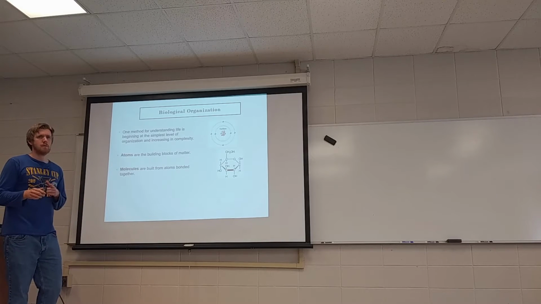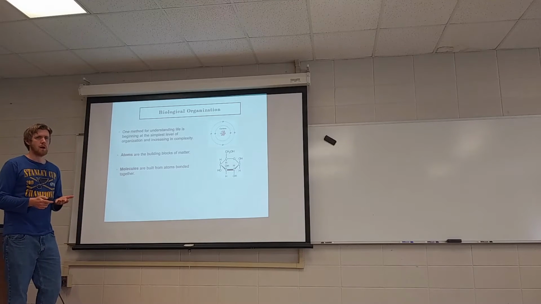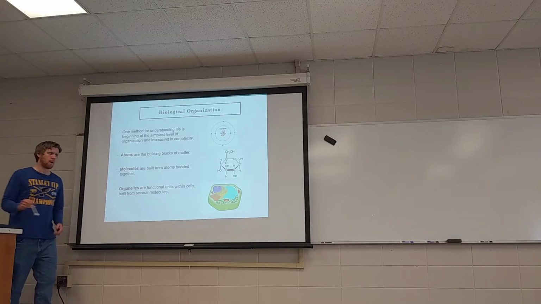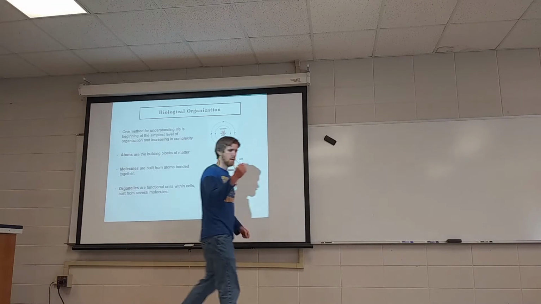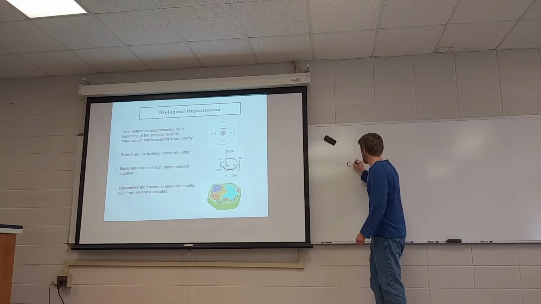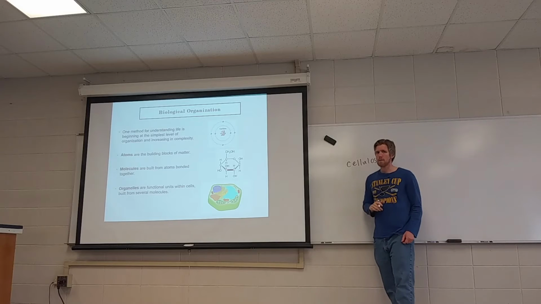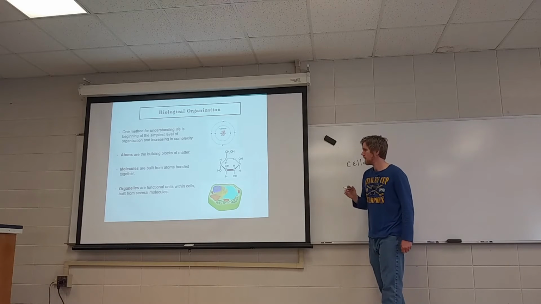Well, what happens if several molecules bond together? What do we get? Well, we can get a number of things. One thing that we can get is what's called an organelle. Hopefully you recognize this term from the previous chapter, or lecture, I should say.